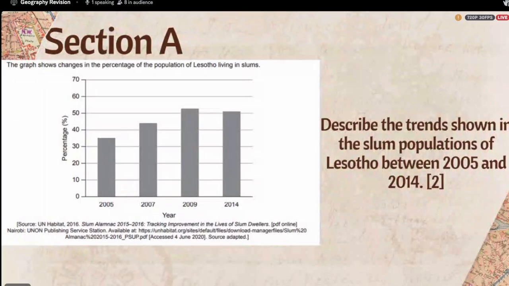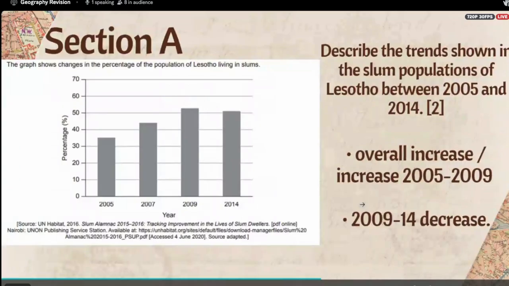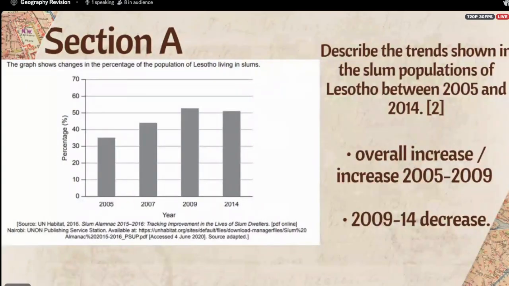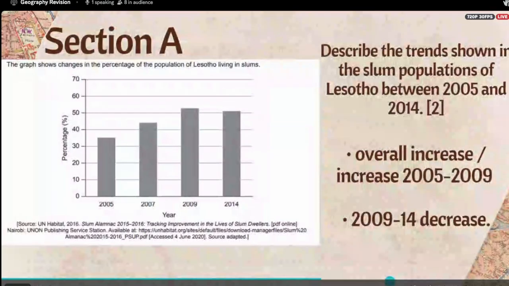All right, if you're done, awesome. Okay, most of you are done. That's good. You could say two things. One, that there's an overall increase between 2005 and 2009, and you can also say that there's a decrease between 2009 and 2014. So it's just describing the trend and the pattern of what's going on.